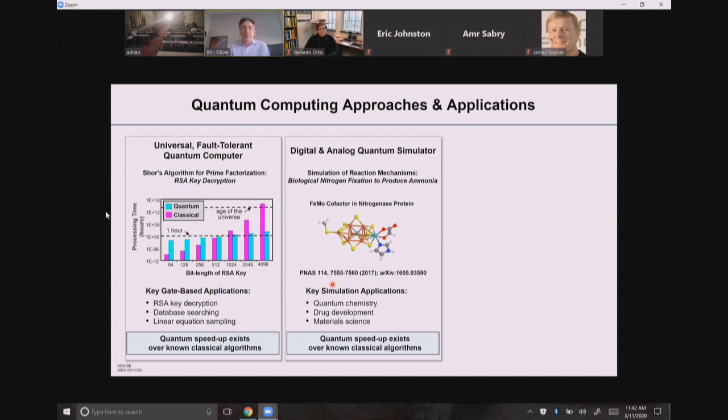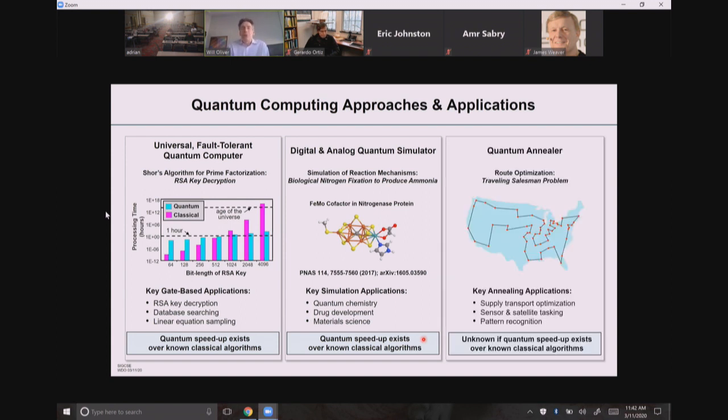These are the kinds of problems that we expect this ASIC-like quantum simulator to be able to solve, and it can do so, we hope, in the nearer term as opposed to decades away. Now here again, for these types of problems, quantum speedup can exist over known classical algorithms, but again, we need to build a quantum computer large enough to realize that speedup.